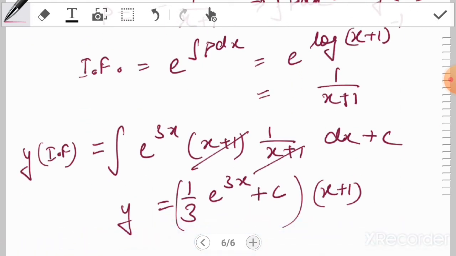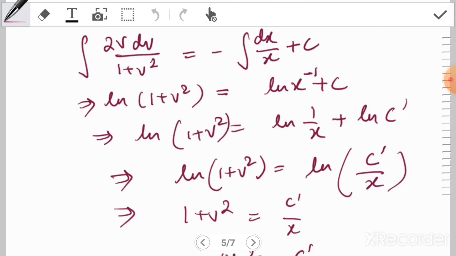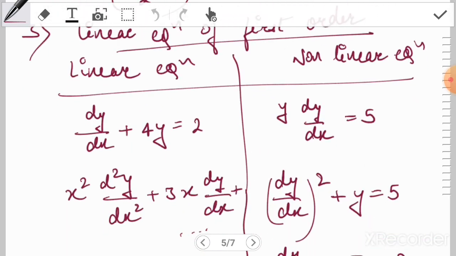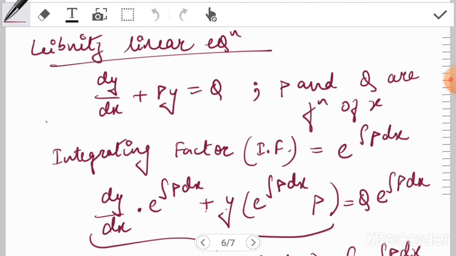Now let us understand Bernoulli's equation. Earlier we saw that a differential equation is said to be linear if the dependent variable and its differential coefficients occur only in the first degree and are not multiplied together. So that was our first order linear equation.